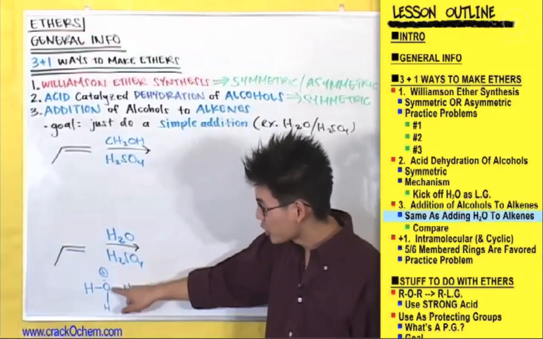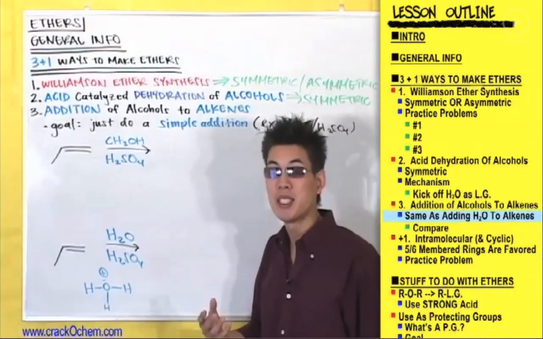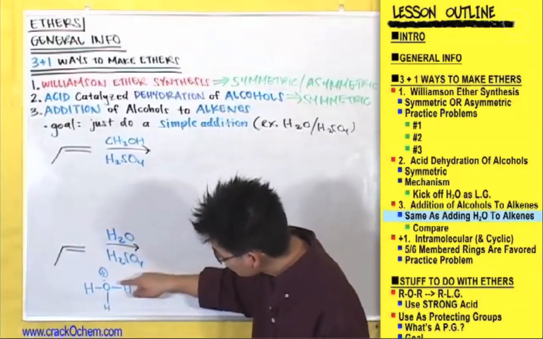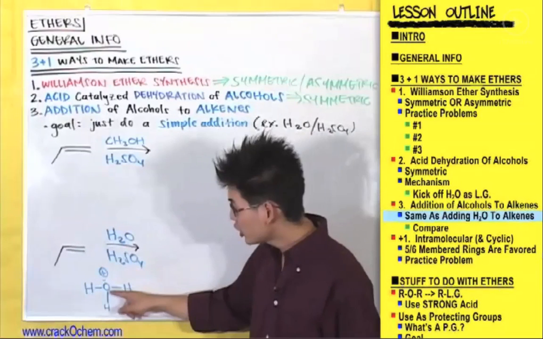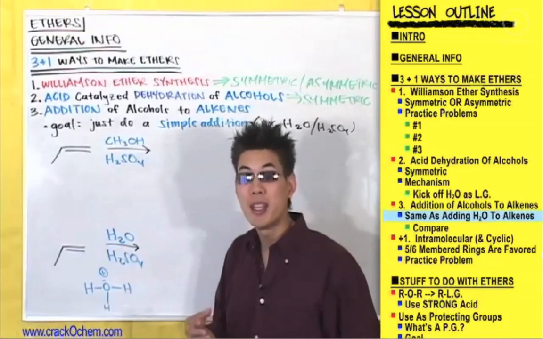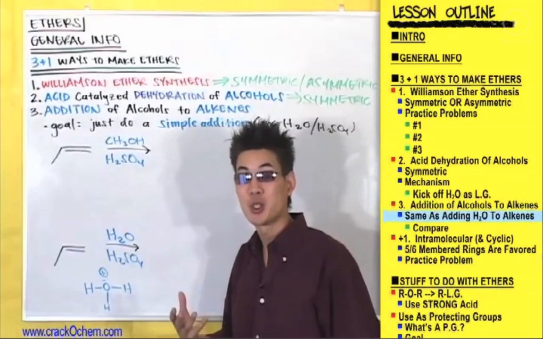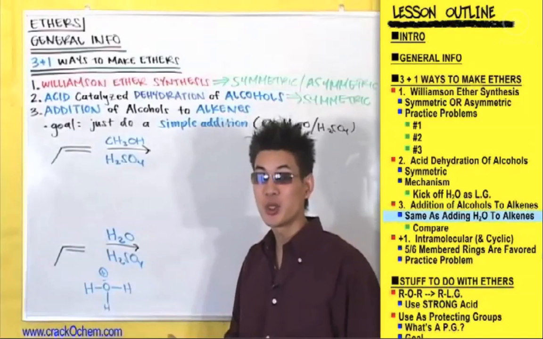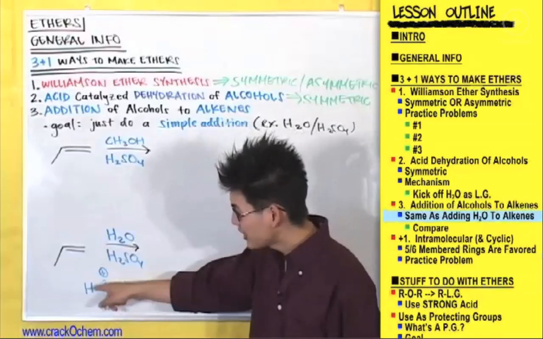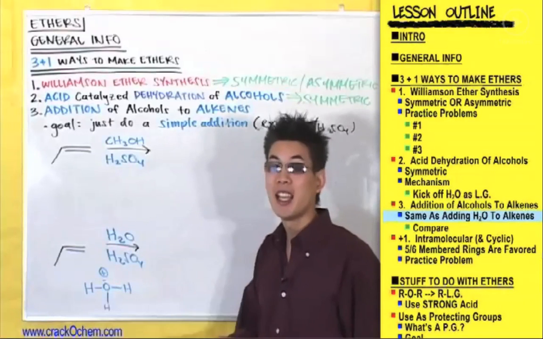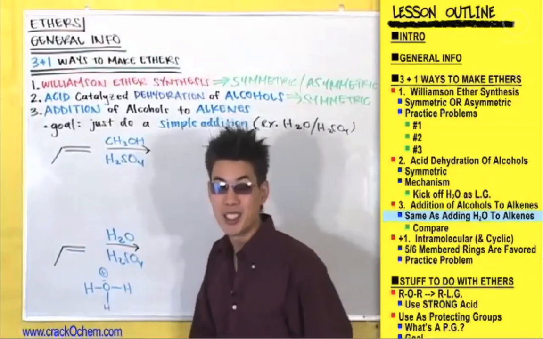Putting a positive charge on oxygen makes it even more electronegative, makes it pull even harder on electrons away from its neighbors. So this oxygen is pulling really hard on these electrons away from each one of these hydrogens, making these hydrogens really electron deficient. Each one of these hydrogens is saying, I don't have enough electrons. Somebody give me some electrons, because oxygen is taking them away from us. So let's just take this hydrogen for example. He's saying, hey, I don't have enough electrons. Somebody give me some electrons.